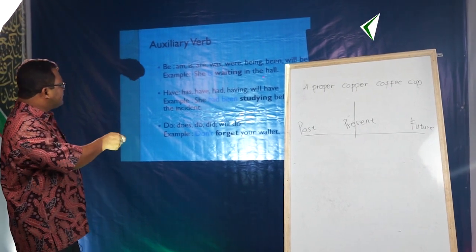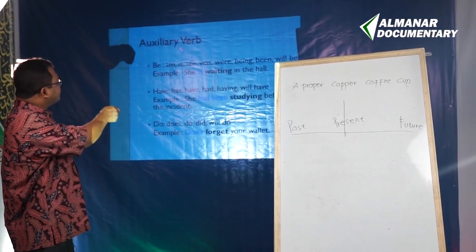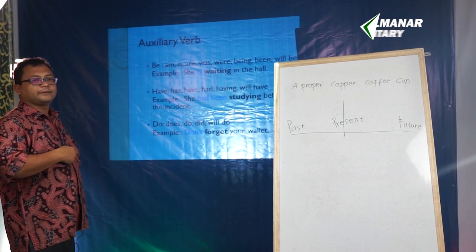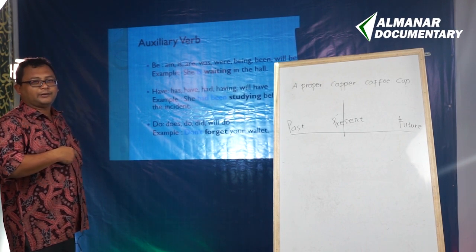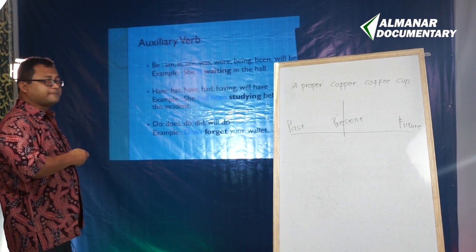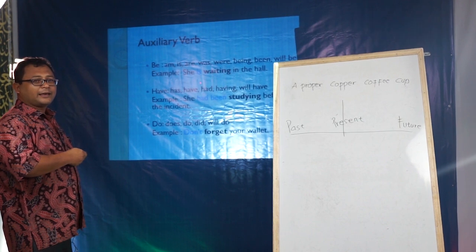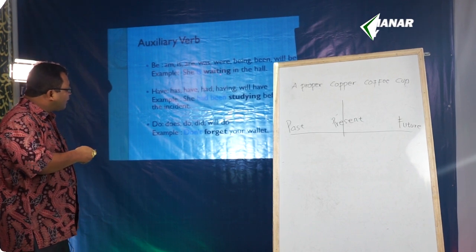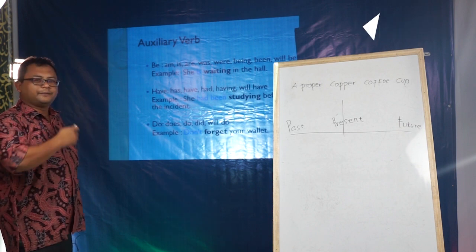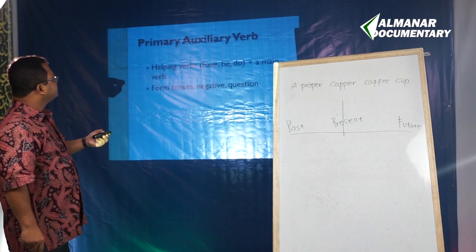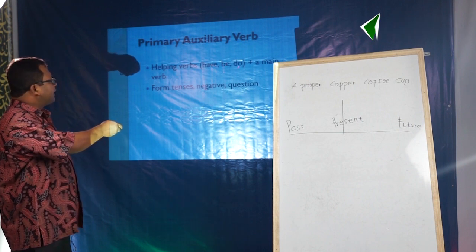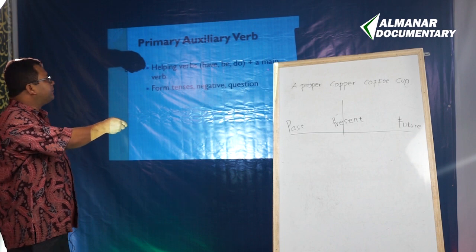Here is the auxiliary of be. You get the point? Okay? So she is the subject. Which one is the main word, the main verb? Look. Helping verbs have, be and do plus a main verb.